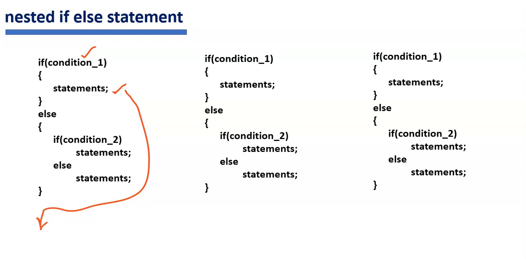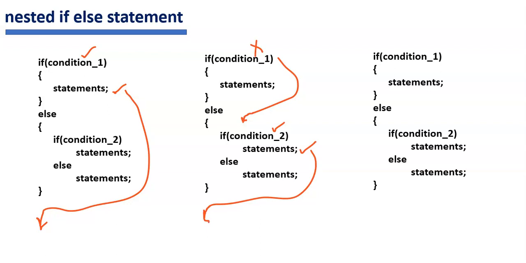Now coming to the second scenario, if the outer if condition is false, then control enters into the outer else block, and here again there is another if else condition. Here the condition is checked. If the condition is true, then the statements in the inner if block are executed, then control comes out of the nested if else statement.